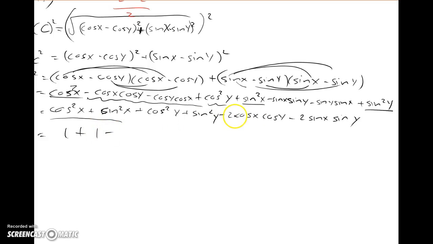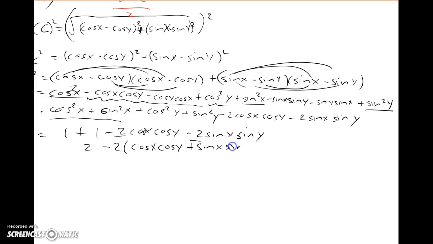And I'm then going to have minus 2 cos x cos y minus 2 sin x sin y. 1 plus 1 is 2 minus, now I'm going to factorize out this minus 2 from both of them. So minus 2 times cos x cos y, and I've taken that 2 out, so that's going to be plus sin x sin y.